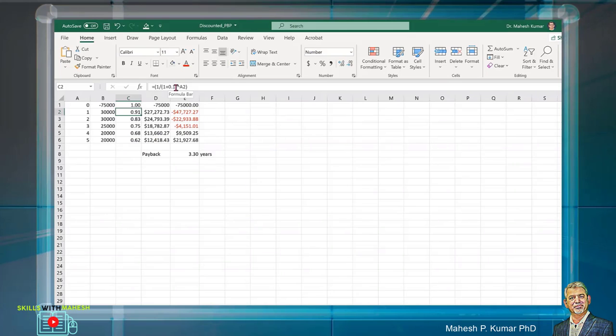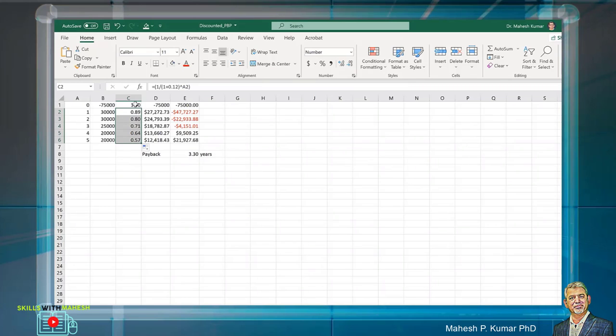If somebody comes and says, okay Mahesh, the discount is not 10%, it is 12%, I just change here. This is 1 divided by 1 plus 0.1, which is 10%. If it is 12%, I will just make it 12 here and click the check mark, right? And this is the discount factor now for 12%.